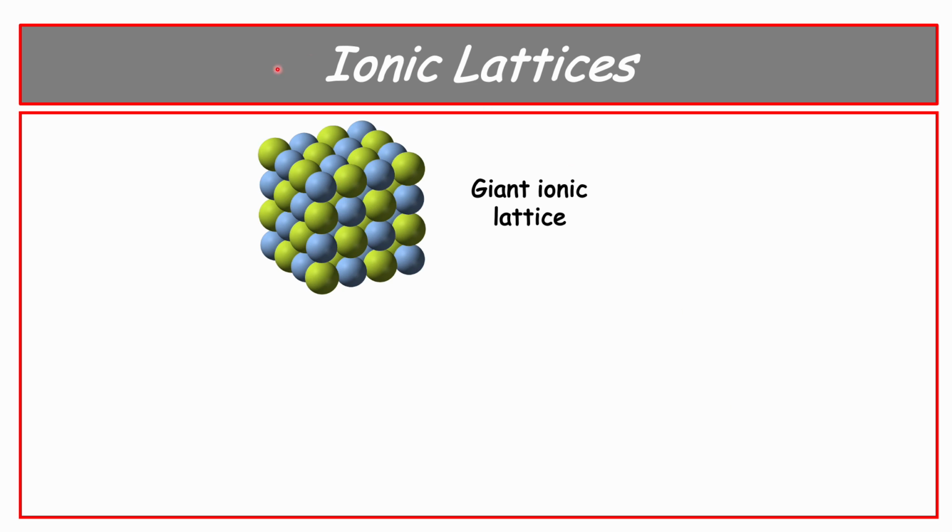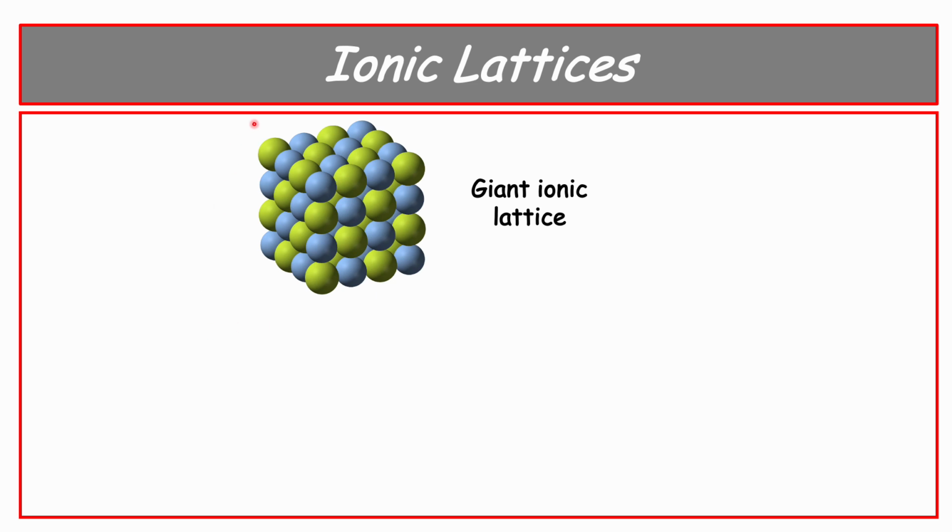In fact, all ionic compounds form what we call a giant ionic lattice. And that's what I mentioned about the formula telling us the ratio of ions instead, which meant that for every one sodium ion, there was one chloride ion. So for every positive ion, there was a negative ion surrounding it.